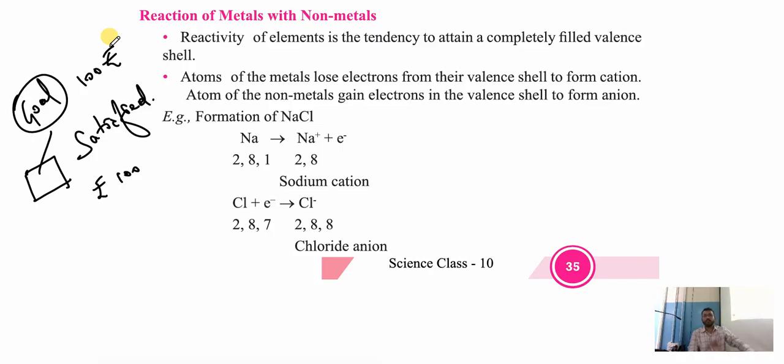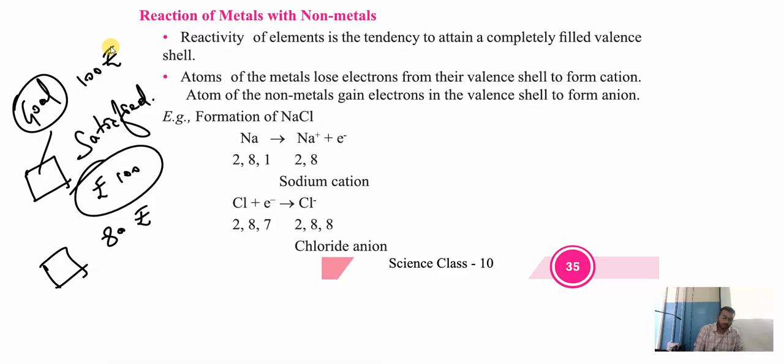Situation 1. No, I don't want you to answer here. It's just situation 1. Actually, I want 100 rupees. I already have 100 rupees with me. Situation 2. Same goal. I want 100 rupees. But with me, I have 80 rupees. What will I do? Situation 3. I want 100 rupees. My goal is 100 rupees. But here I have 120 rupees. What will I do? These are the 3 situations.